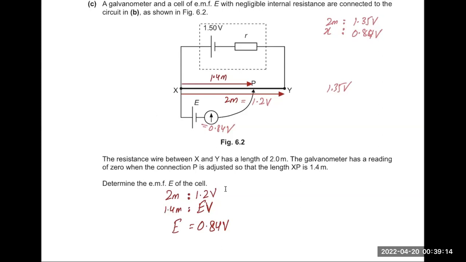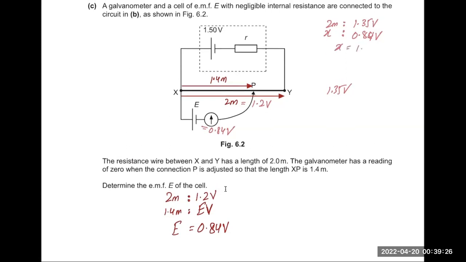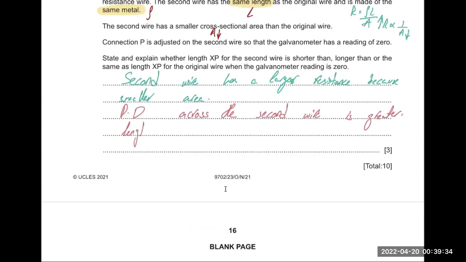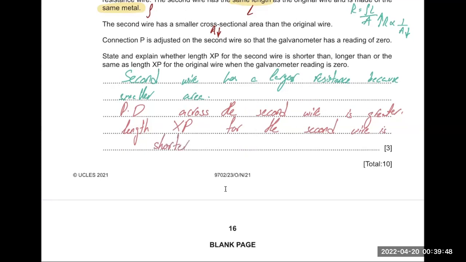So 2 times 0.84 divided by 1.35, I get 1.244. X is equal to 1.244, which basically means that the length XP for the second wire is shorter. That is the conclusion.